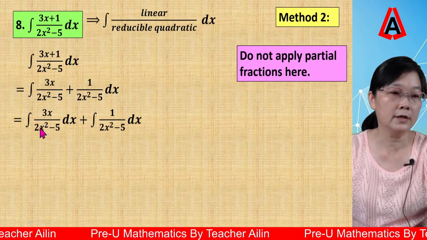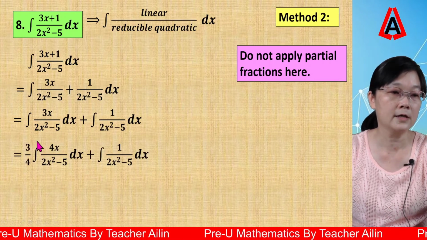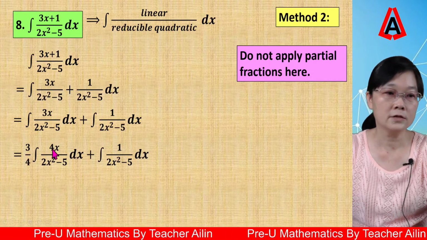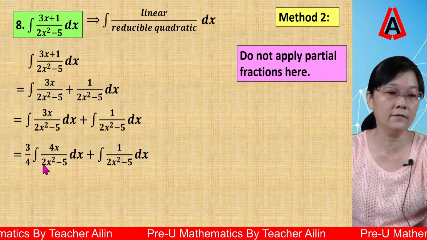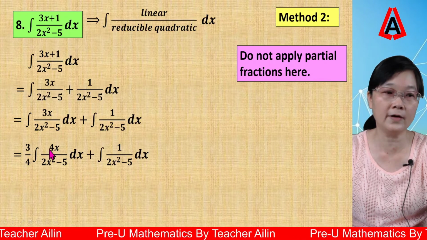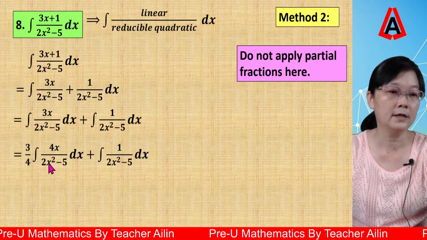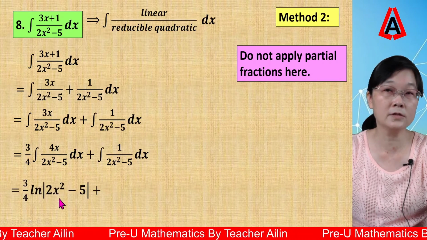So the derivative of the denominator is 4x. So first I take out the 3 and I add in 4 so that this one becomes the derivative of the 2x squared minus 5, and at the same time I divide the 4 out here. Now for this one I can easily integrate, becomes ln.